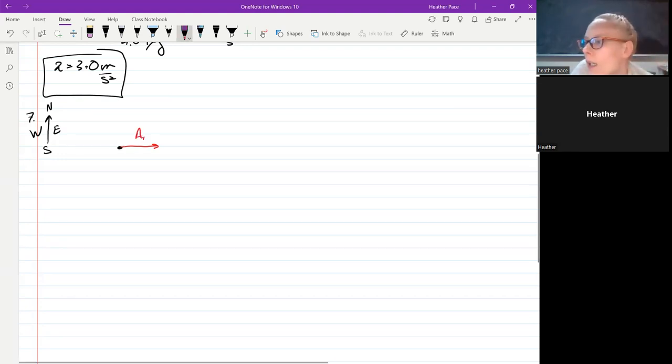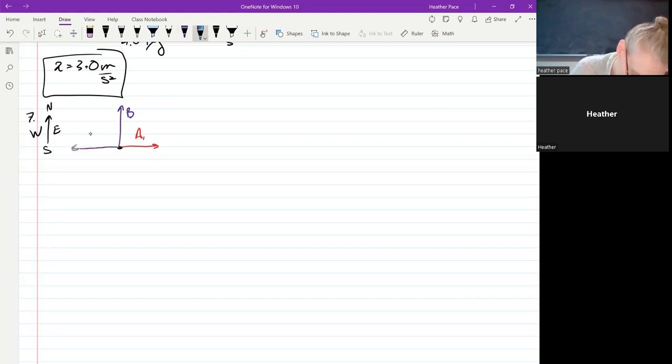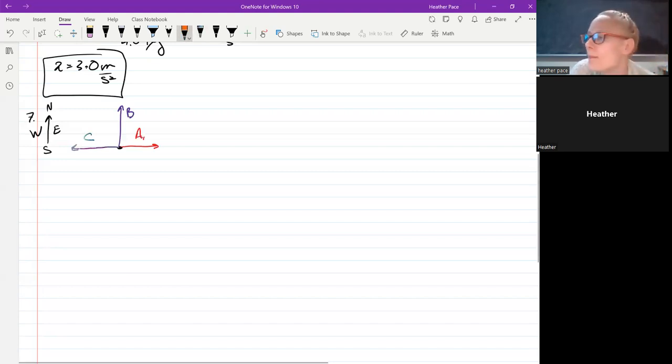B is 50 north. Ooh, let's do the fancy star one. C is west. And D is south. It's the biggest. All right.